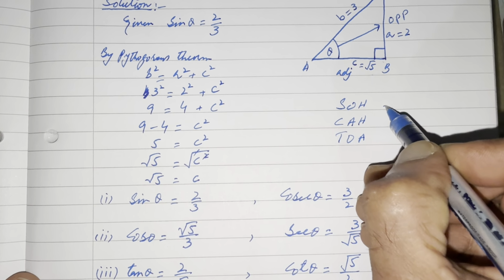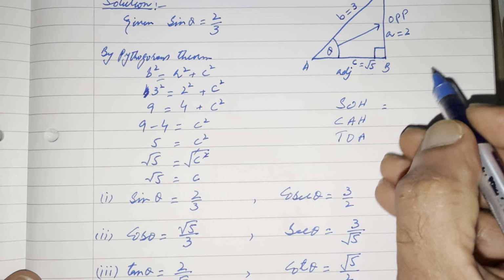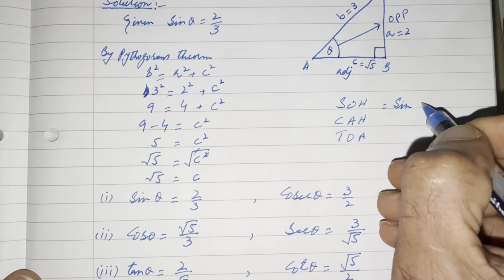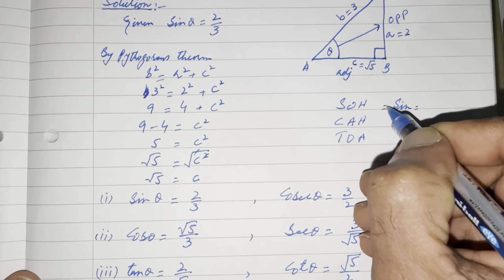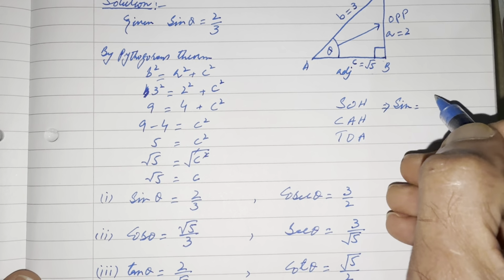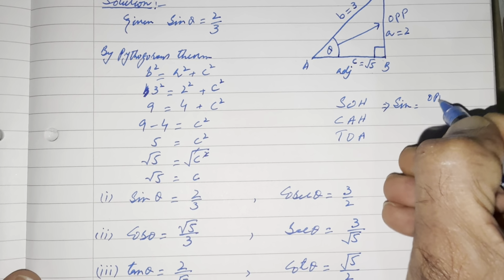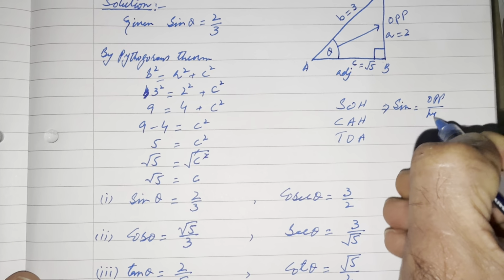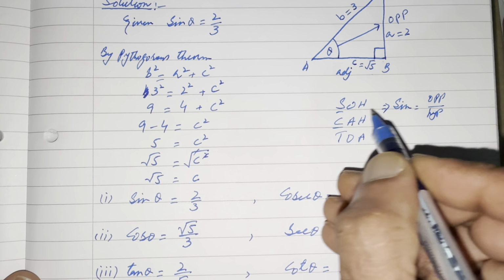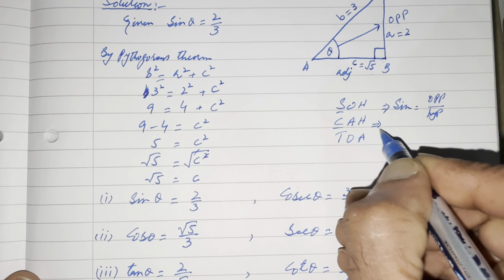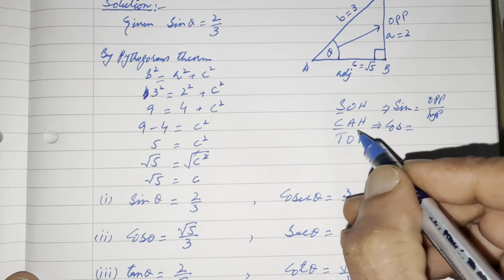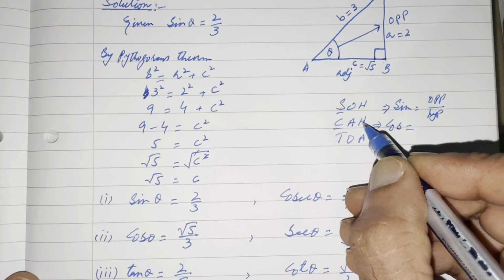So that can be written as sine: S for sine always equals opposite over hypotenuse. CAH: C for cos always equals adjacent over hypotenuse.